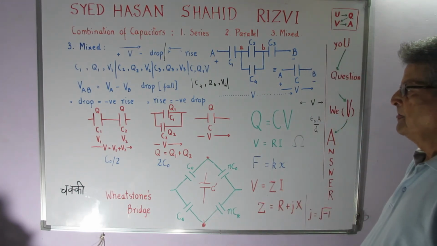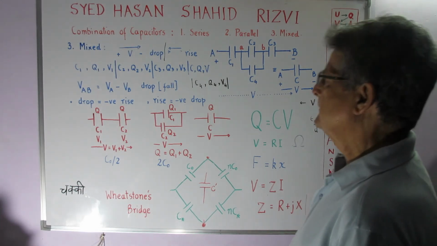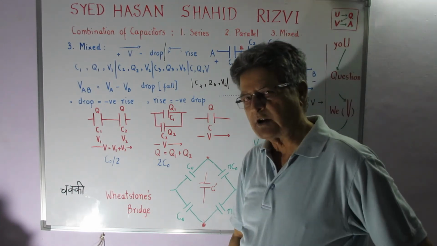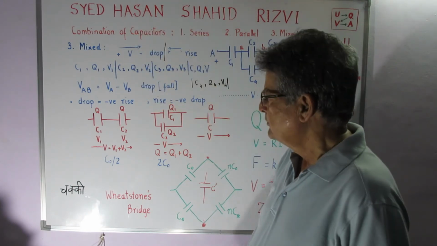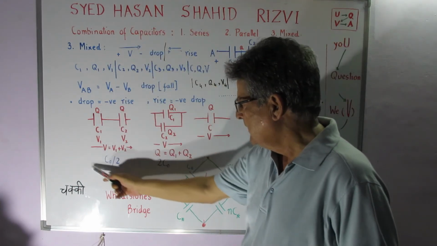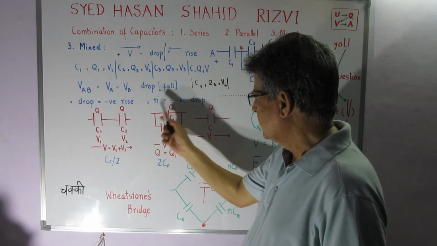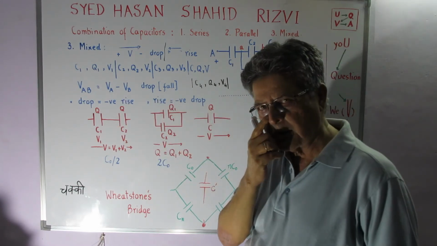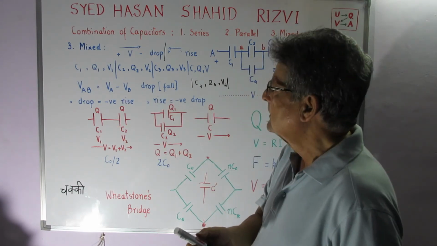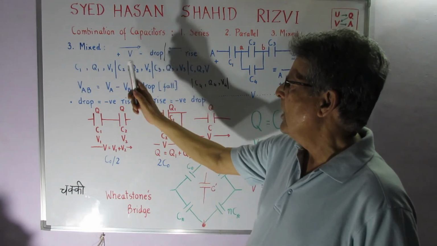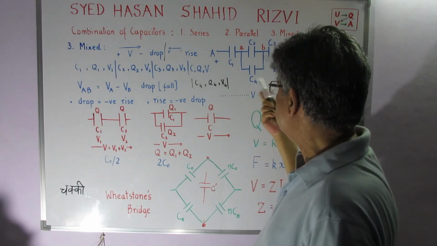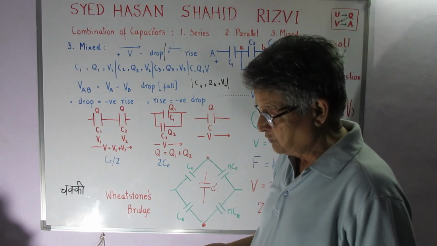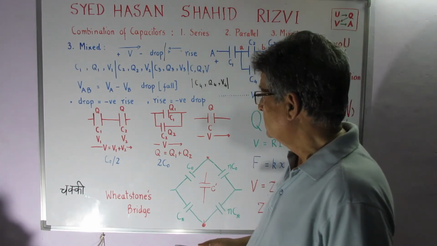So friends, I have done the mixed case with the help of the case of series and the case of parallel combination of capacitors. And I have told you how all these values can be calculated if the value of V is known to us.